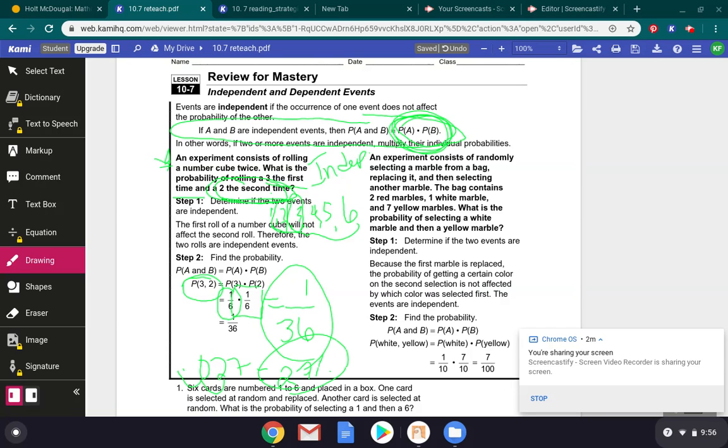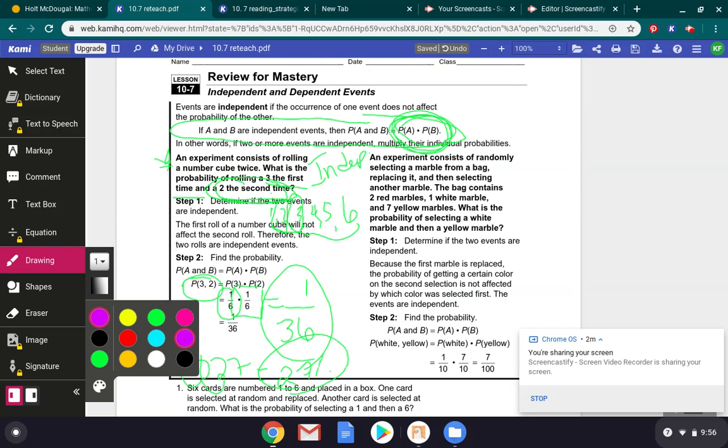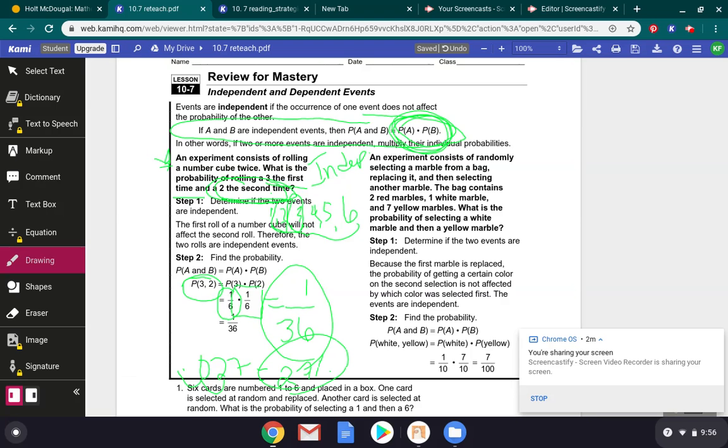All right, let's take a look at the second example. So the second example, I'll do this one in purple here. It says an experiment consists of randomly selecting a marble from a bag and replacing it. So that's a key word there. That's going to now make our event independent. If I didn't replace it, then that would be dependent. That would be like the first example that we did, your sister going after your turn, selecting a game piece.